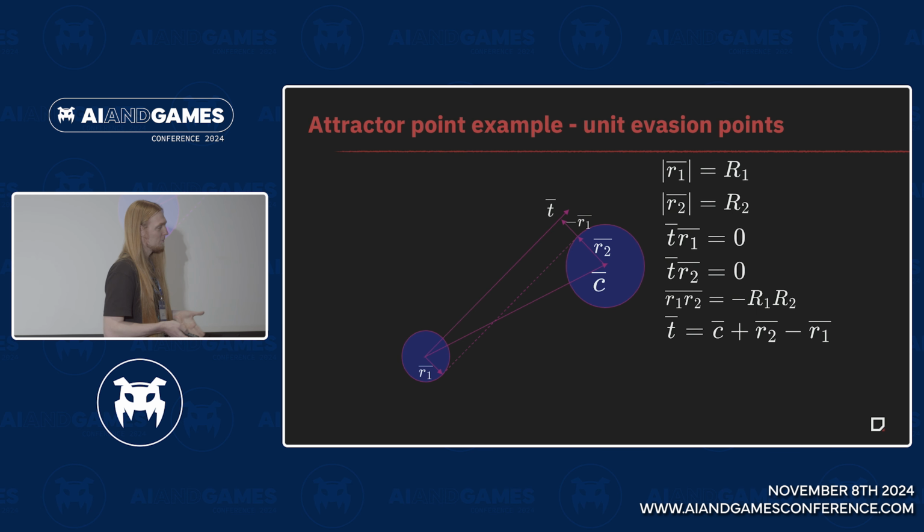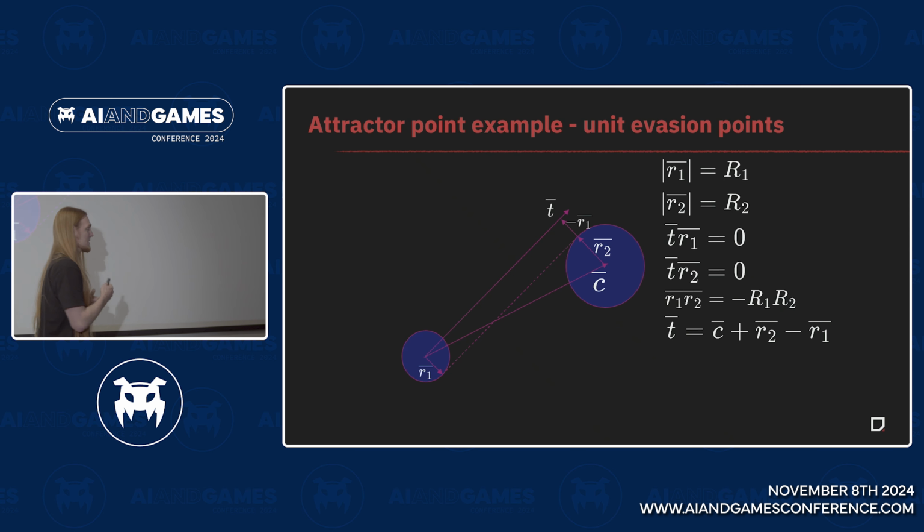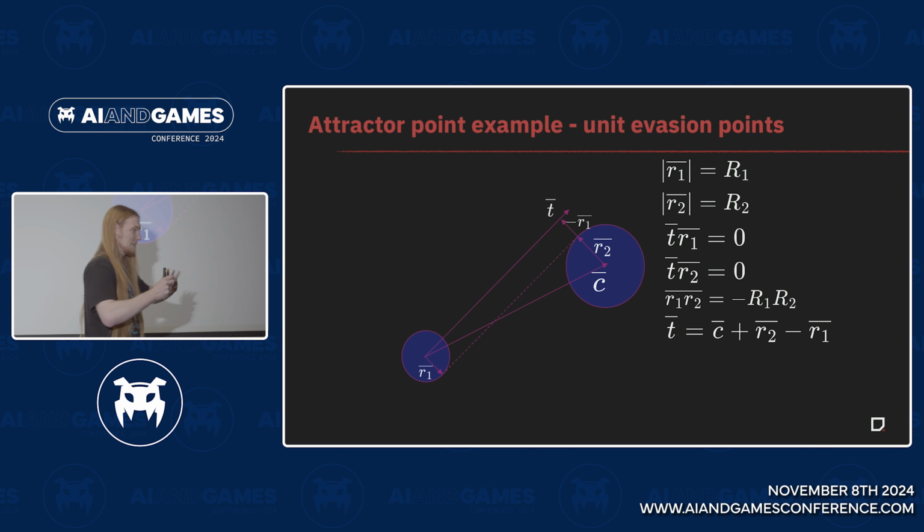From the experience of human players, we knew that those kinds of points are sensible movement actions. So we just used some vector maths to solve this vector equation to find those points that allow you to be right next to the opponent.